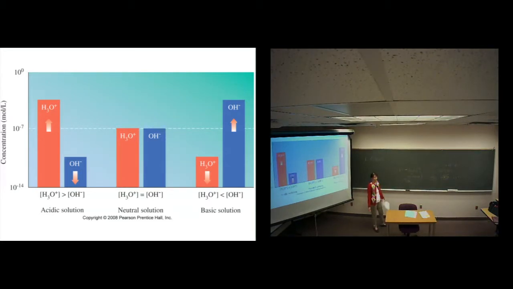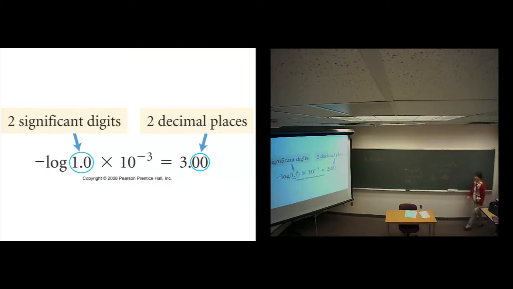Well, let's talk about sig figs and decimals. Usually we keep those separate. Sig figs and decimals are separate. Well, this time they kind of go together. We have significant figures in the concentration. So we have 2 sig figs, right? So 2 sig figs in this concentration translate to the number of decimals in the pH.